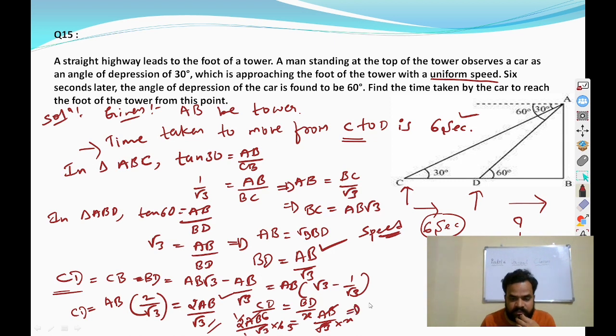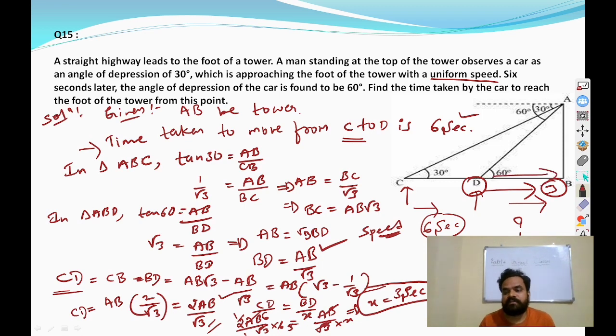This implies X is equal to 3 seconds. The time taken by the car to move from D to B, or to reach the foot of the tower, is 3 seconds.